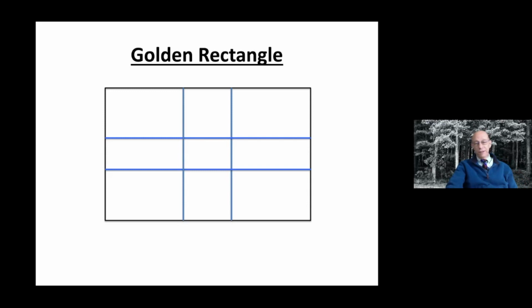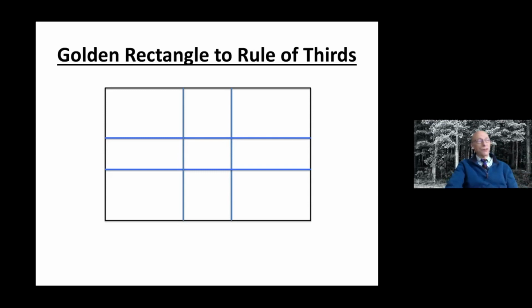Now, we're not physicists, we're not mathematicians. When we're looking at a viewfinder or the back of the camera or the phone screen, it's hard to imagine this thing. So what we need to do is get the golden rectangle to the rule of thirds. It's the basis of the rule of thirds. So we do that by moving some lines.